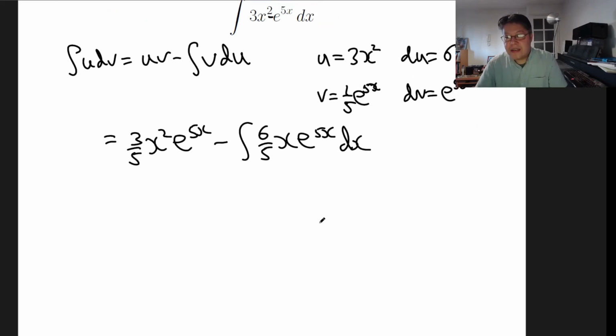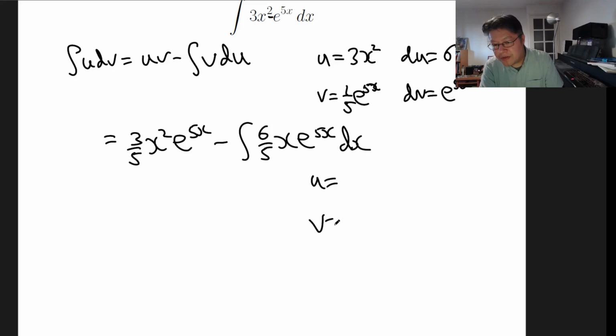Okay, so we've done the by parts once, and we see that the new integral still can't be integrated. It still requires another by parts. Although it's become simpler, the x squared has now turned into an x, so it's a bit simpler, but we still need to do by parts. So let's do another u and v.